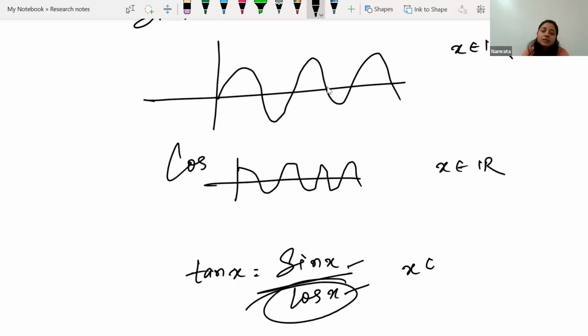So it will be continuous for all x belongs to R except wherever cos is 0, where cos is 0, odd multiples of pi by 2. So the tan function will be continuous for all real numbers, but we have to exclude those points where the cosine function is 0.